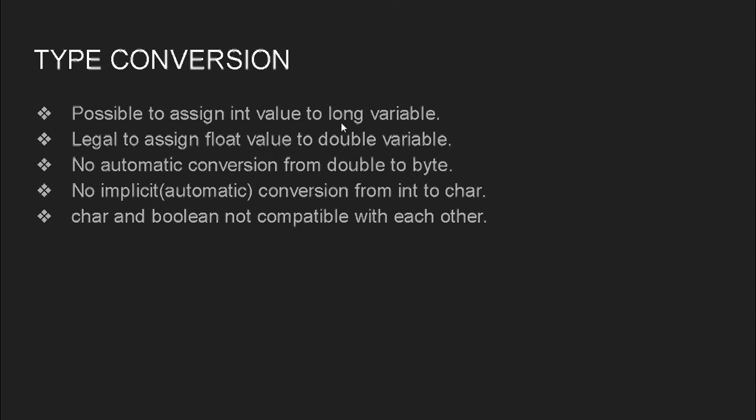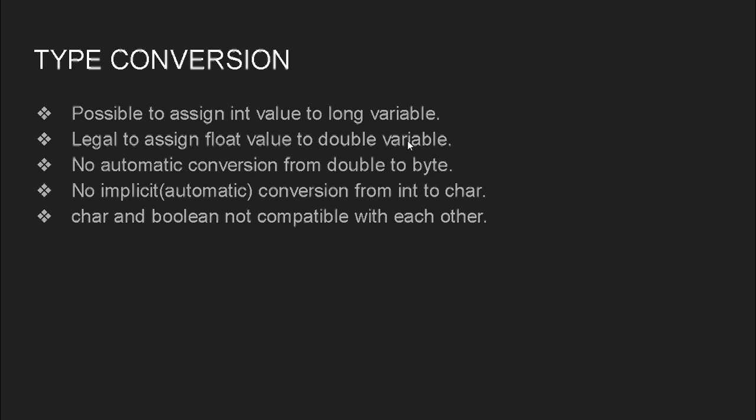Even in real life, just imagine, you can fit a smaller vessel into a larger vessel, but you cannot fit a larger one into a smaller one. That is not going to work, right? The same concept is being followed here. You can store 32-bit data in 64-bit. That's not going to throw any error. But if you try to store 64-bit data in 32-bit, then the compiler is going to complain. So that is the concept which is being followed here.